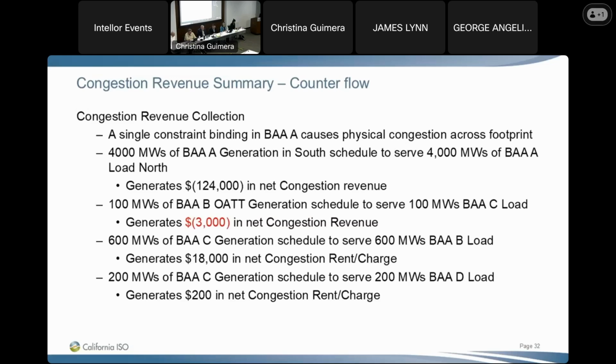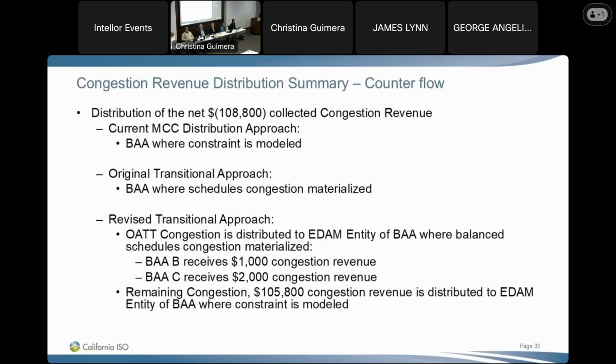And then for BAC that is going to BAD, because I didn't adjust the pricing, I'm having 200 megawatts of generation serving 200 megawatts of load. It generated $1 per megawatt of congestion rent, so $200 of congestion rent overall. Now we go to the next slide. That nets out to $108,800 of net collected congestion revenue.